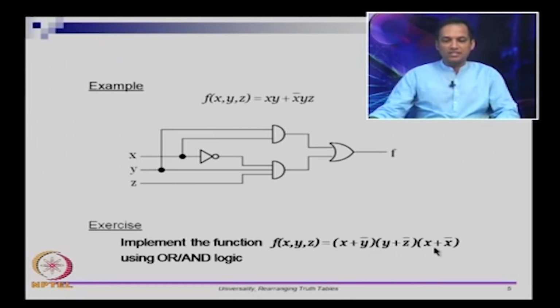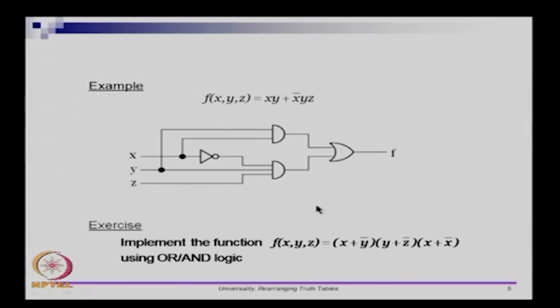You take each of these sums and implement that using OR. You may also want to use inverters before you do the logical OR, and finally you have 3 sum terms, you want a product of that, so you use the AND logic for that. So go and try this out. It is very similar to doing this, except that you will first have a set of OR gates and then you will have an AND gate.